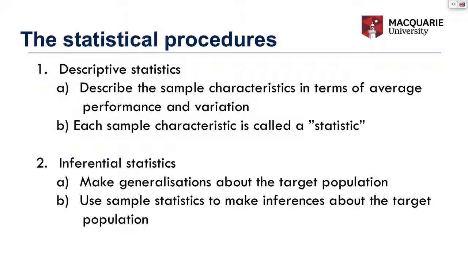When we want to do inferential statistics, we would like to make generalizations about the target population, and usually this is done using the results of the analysis we have done on the sample. So through inferential statistics, it's possible to make generalizations about the target population.